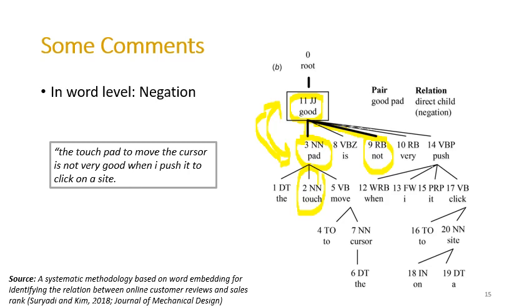If you just look at the sequence of words, you might see that the word not is between good and cursor, and then you might get the wrong idea that this sentence is saying the cursor is not very good.